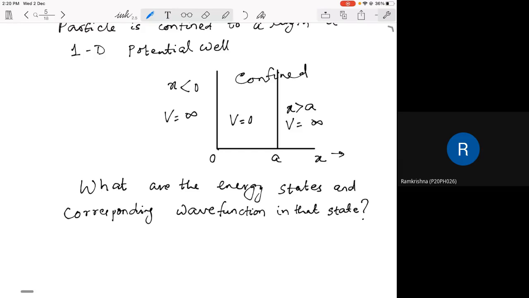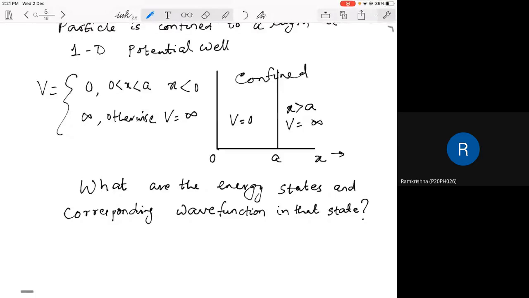So when x is less than 0, the potential is infinite. Between 0 and a, it is 0. So you can write it down as: V is 0 when x is between 0 and a, otherwise it is infinite.